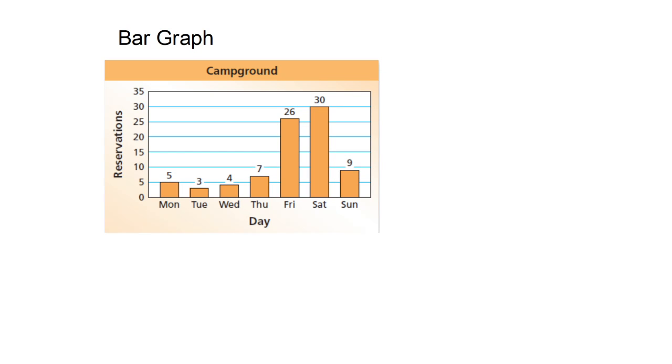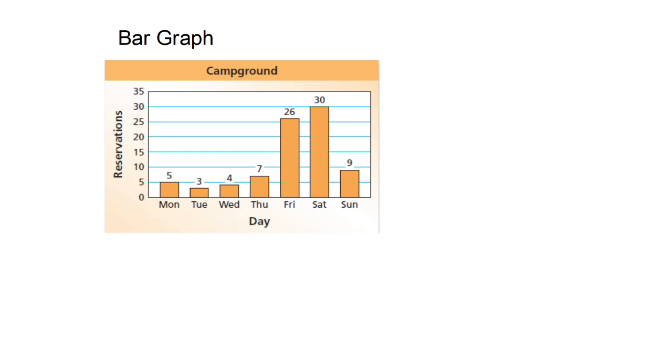When do we use a bar graph? Well, you're going to use a bar graph if you couldn't use a circle graph or a line graph and you just have things in categories. Here we have a graph of a campground and what days of the week are popular for reservations.